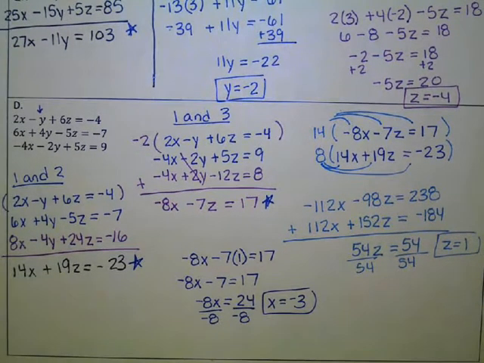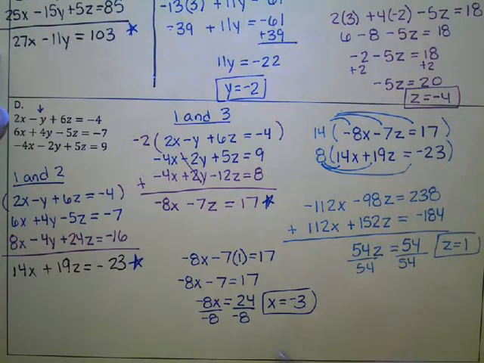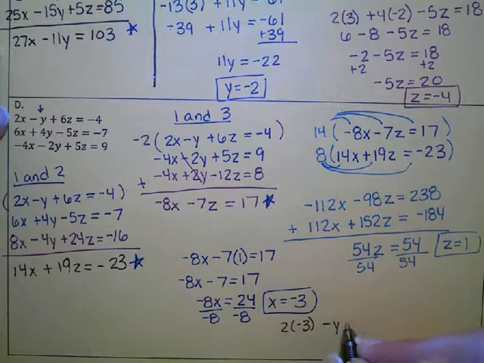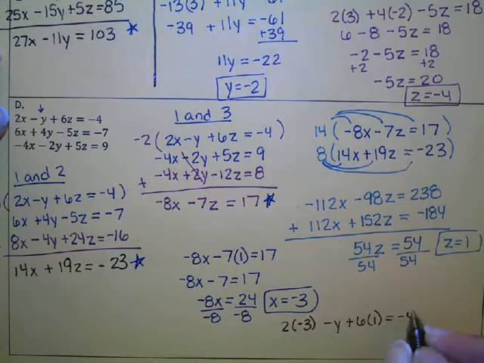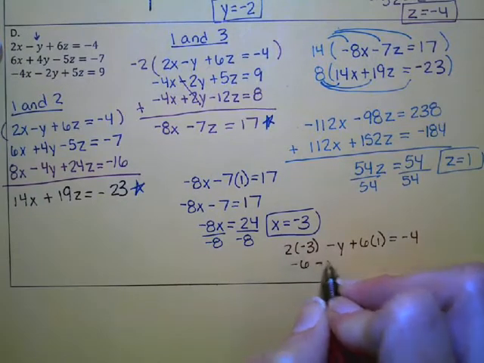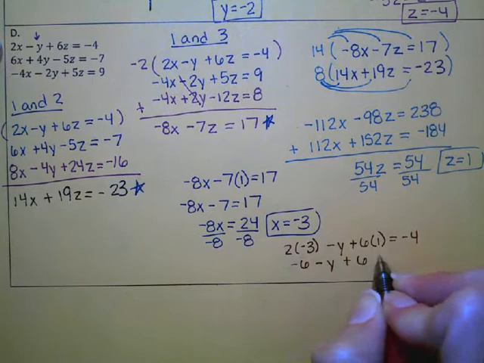So again, you just keep working back up to the original problem. In the original one, it doesn't matter which one you pick, if there's any one that looks easier than the other. Not really. So I'll do 2 times negative 3 minus y plus 6 times 1 equals negative 4. You'll do your multiplying first.